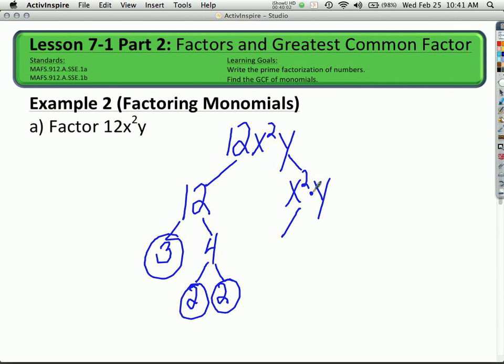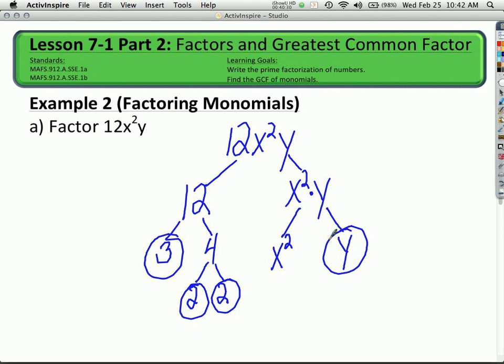This is a multiplication problem right there, right? X squared y. Right? If I multiply x squared times y, I get x squared y. Y, it's not prime, but is there anything that we can multiply together to get y? No. So that's closed. What about x squared? What do we multiply together to get x squared?